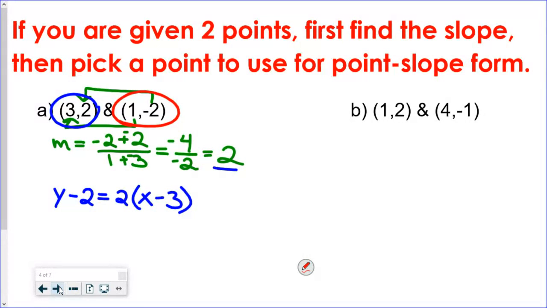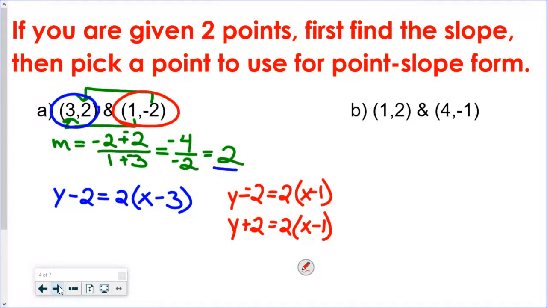Then my equation would be y minus my y of that one, my slope is still the same slope, and x minus my x of that second point. The only difference is for this one, I need to change that to 2, and that stays the same. Okay? Good. Both of these answers are perfect.